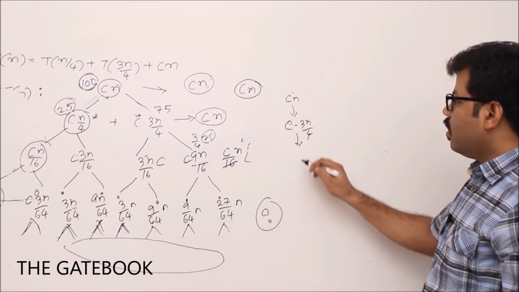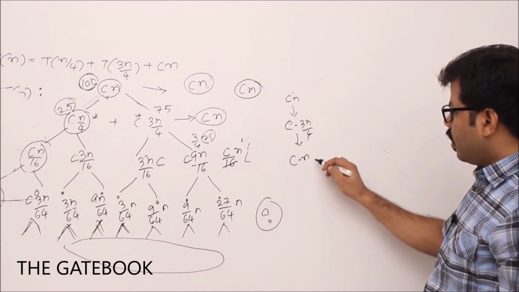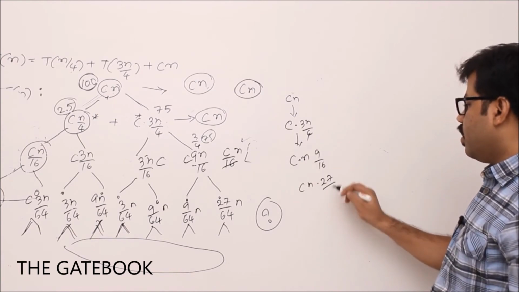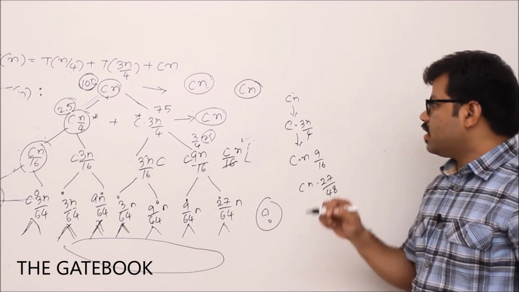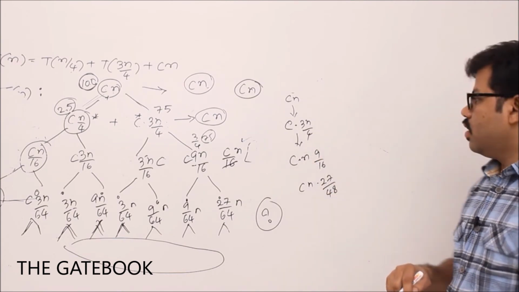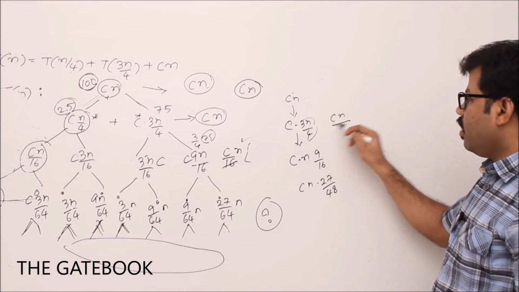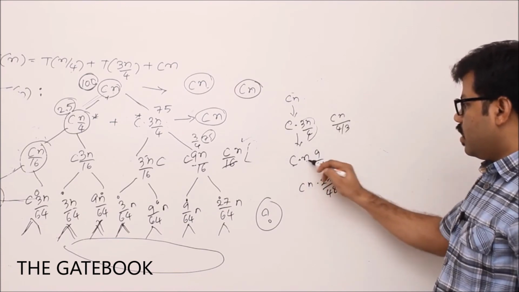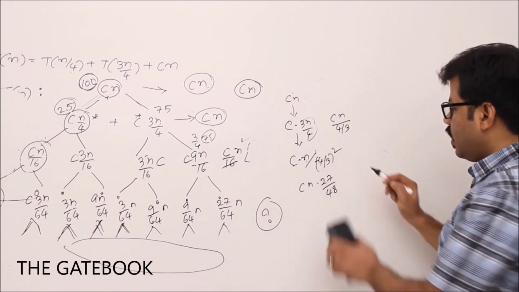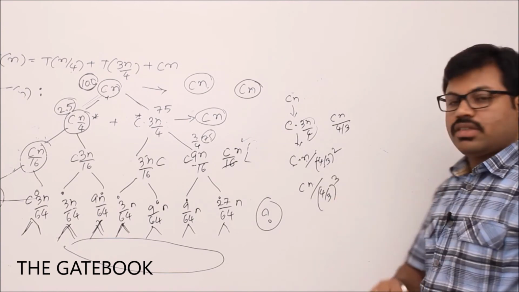Next time it becomes C into 3n by 4 times 3n by 4, n is common, so this becomes 9 by 16, right? Next time it becomes Cn into 27 by 64. What can I understand is that every time you are multiplying Cn by 3 by 4, which is Cn divided by 4 by 3. Next time it is Cn divided by 4 by 3 whole square, and then Cn divided by 4 by 3 whole cube, in that way.